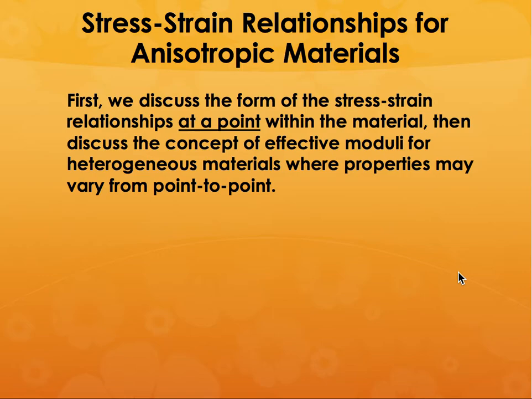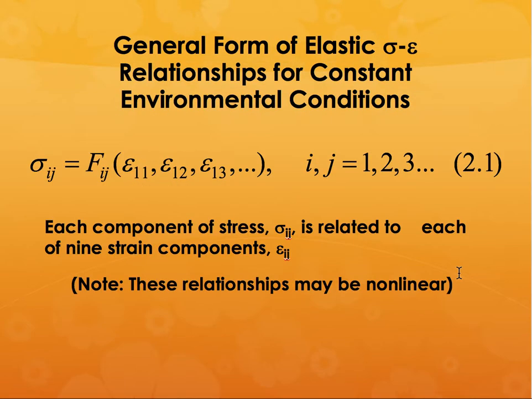Let's talk about that. For that, we need to discuss this in terms of the stress strain relationships at an individual point within this material. And then we will discuss the concept of effective moduli for heterogeneous materials, for which the properties might vary from point to point.